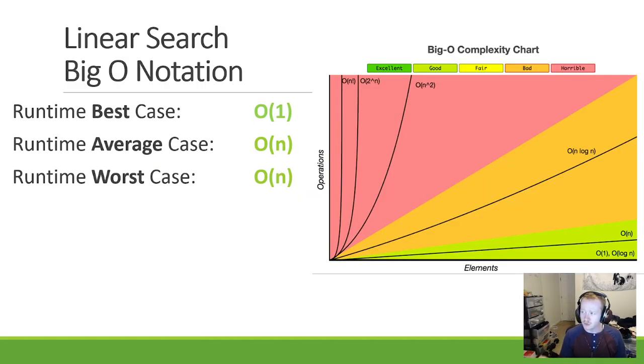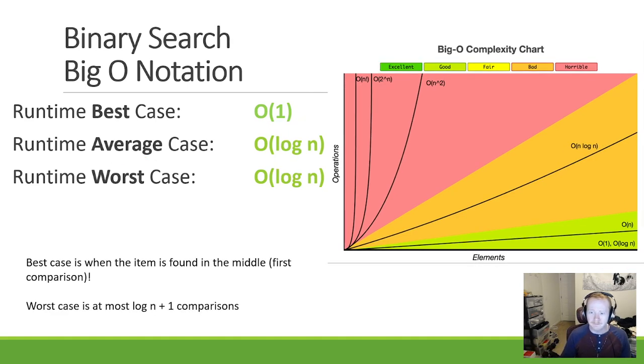The last 2 slides are just graphs sort of showing, hey, this is where it falls on the big O complexity chart. So linear search, we have an O of 1 best runtime, which is perfect. Cannot get better. With the average runtime, we are at O of n, which as you can see, it's pretty good. And then worst case of a big O of n.